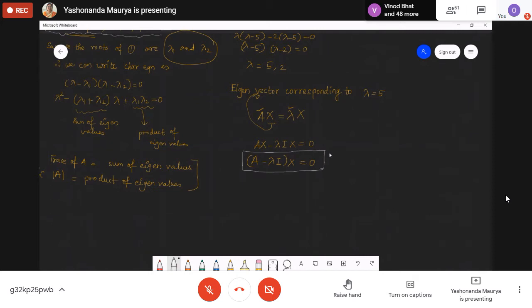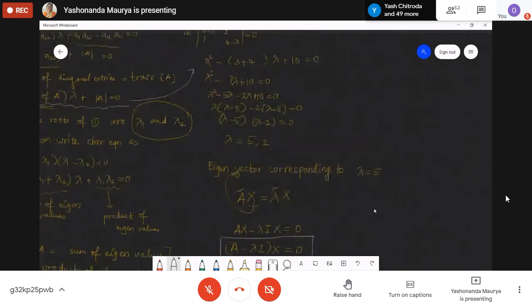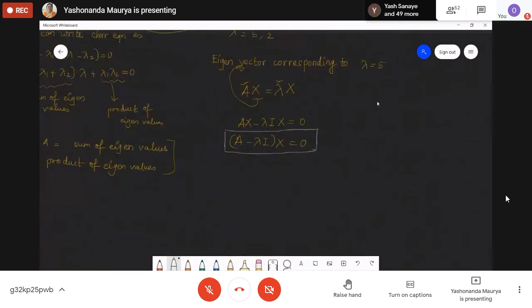This is most important. Now I'll write down the equation here. The matrix is 3, 1, 2, 4, so we have 3, 1, 2, 4 minus lambda.